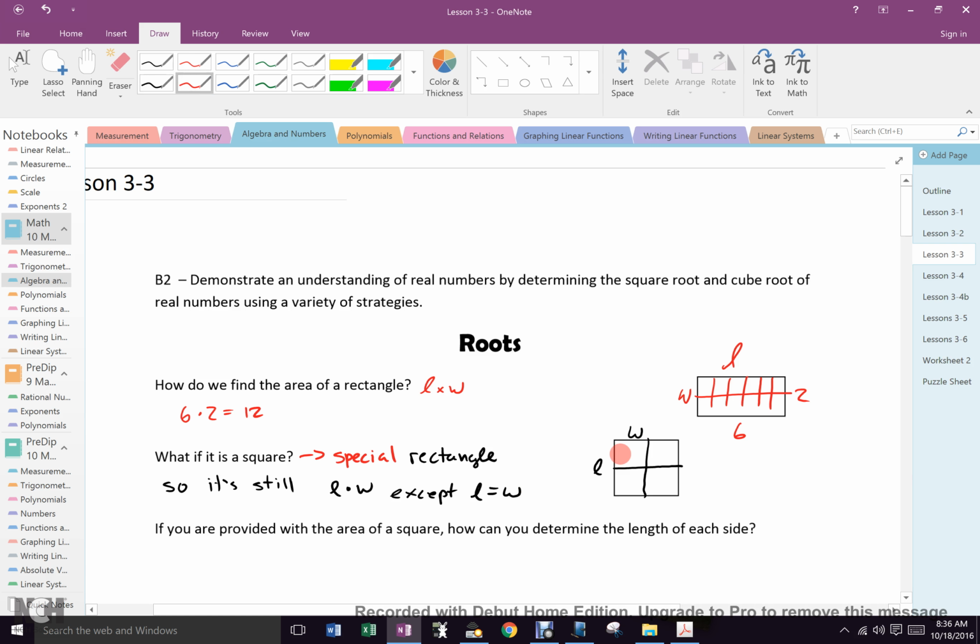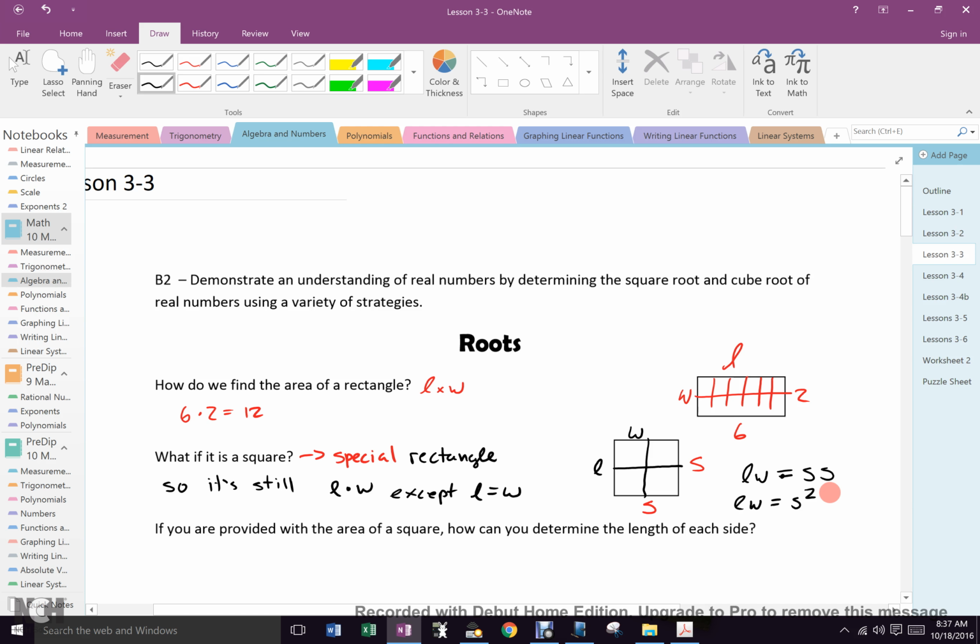If L and W are the same, I can change the variable, can't I? I can call this S for side, right? So the area of a square is LW, but it's also SS. And what's the shortcut to writing SS? S squared. Everybody cool? This should be no problem.